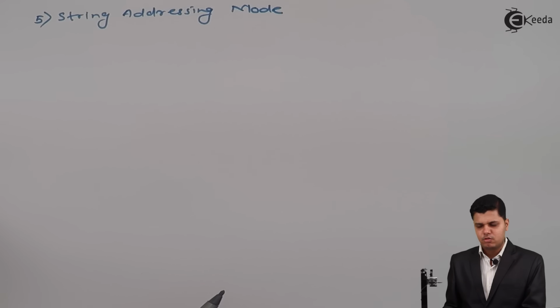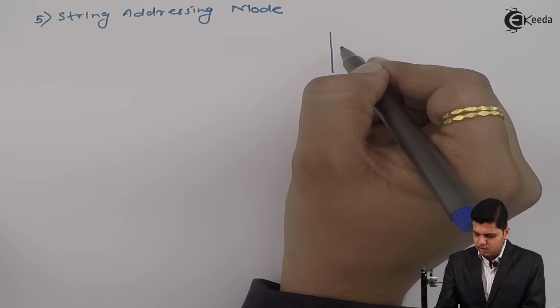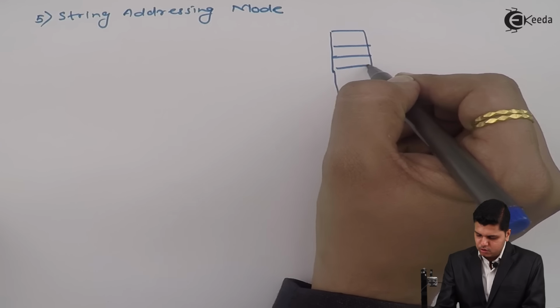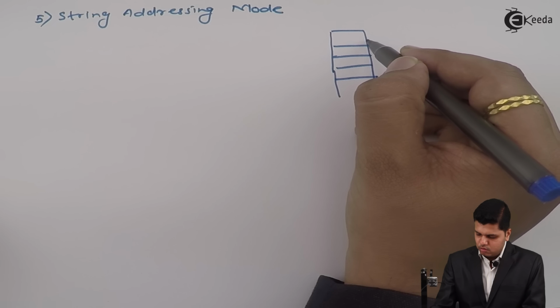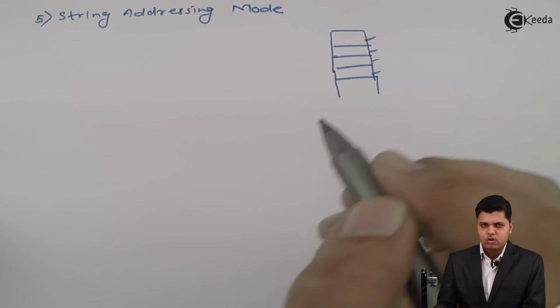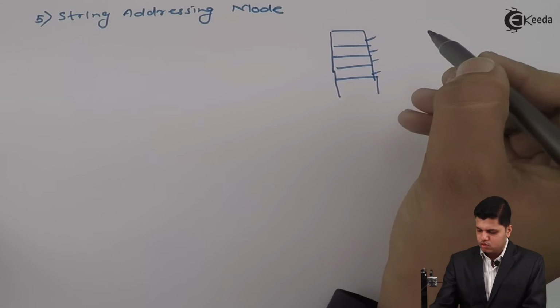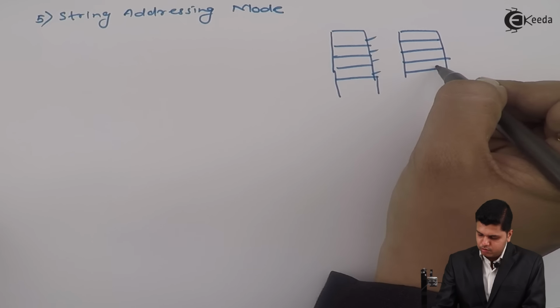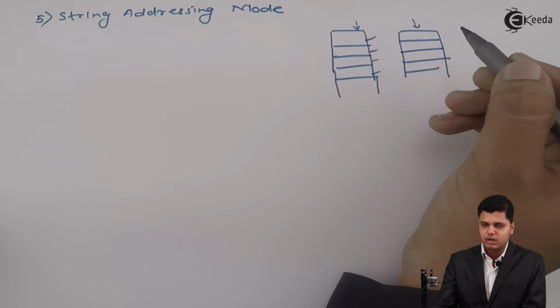So for example, let's say we need to perform some operation on 1, 2, 3, 4 locations simultaneously, and I need to transfer the data of all the locations from one memory location to the second.